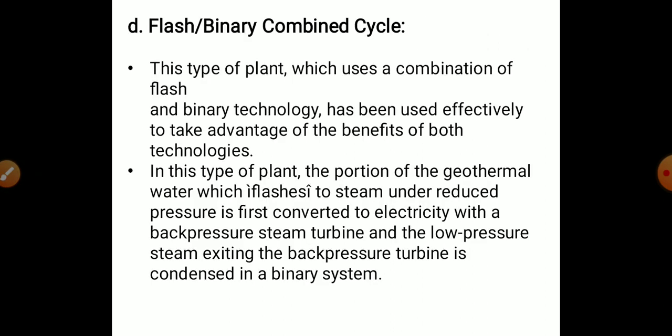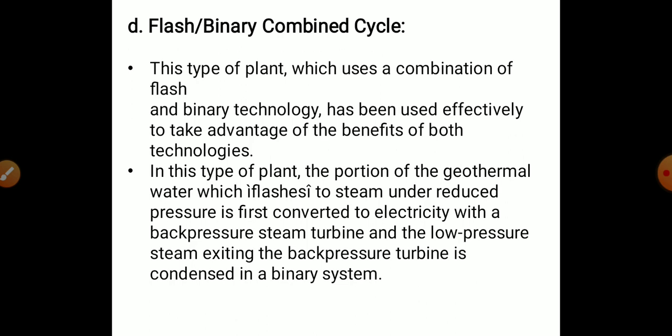Now we go to the combination of the flash and binary types of power plant. The combined process, what happens there? For the flash type, the hot water comes in and is separated into two forms: one is steam, another is hot water. The hot water is bypassed to the injection well, and the steam goes to the turbine.